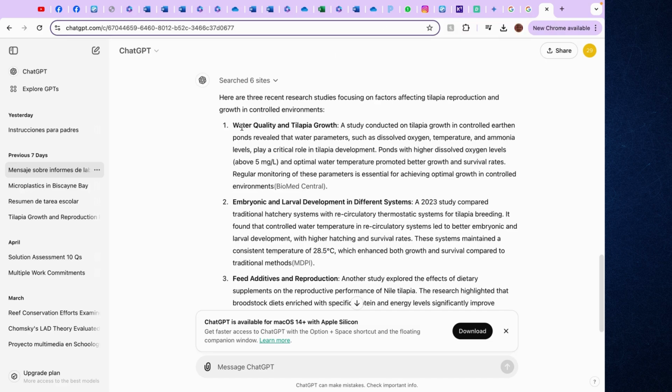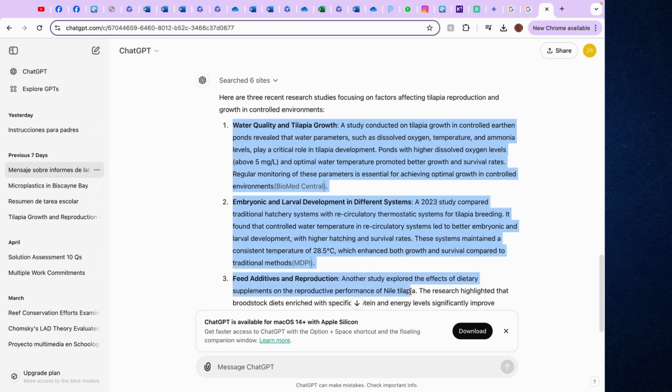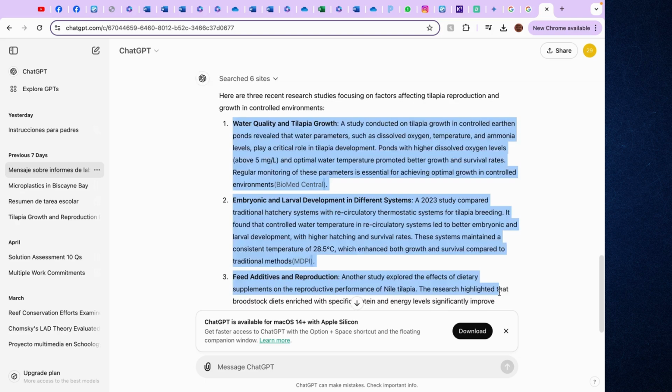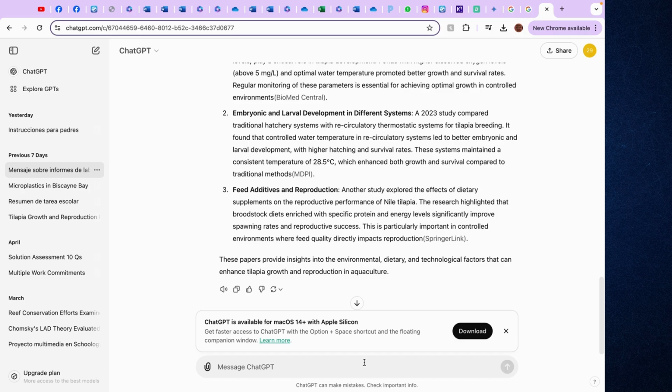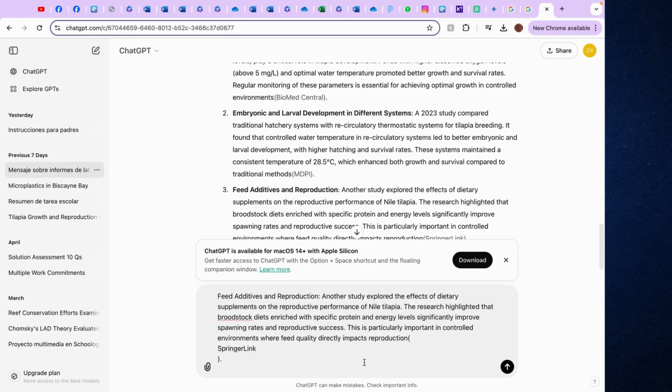So these are the three research papers that my artificial intelligence was giving me. I'm going to copy, I'm going to paste, and then I'm going to ask my artificial intelligence to please cite the source of information given in APA 7 style.